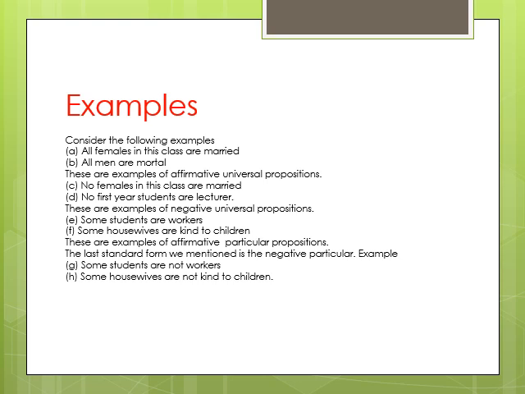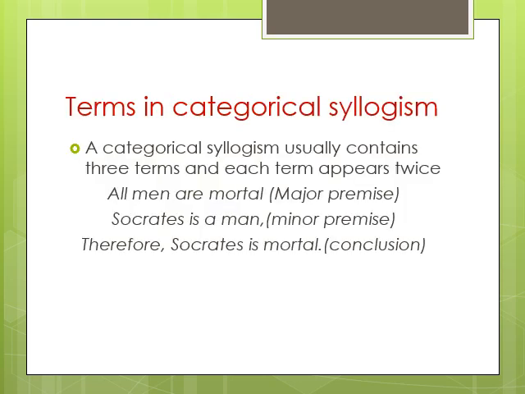First, only three terms should be involved. The middle term must be distributed at least once. Never distribute the predicate or subject of the conclusion if it is undistributed in the premises. Restrictive or exclusive expressions in the premises could cause confusion. Do not use only negative premises.